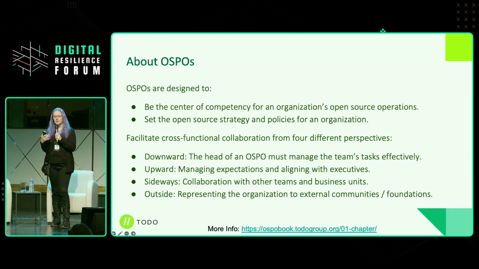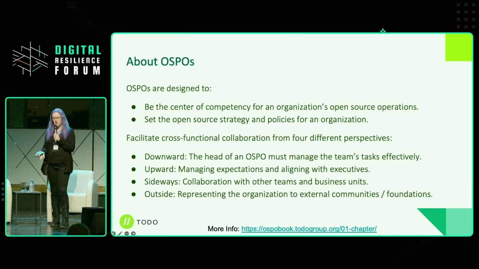If you're leading an open source program office, the OSPO really has to manage the team's tasks effectively. In some cases, that's a direct team. I've seen some OSPOs organized as a matrix, where they have, for example, legal people and security people who are dotted-lined into that. However it's structured, you need to make sure that the work that has to happen for the OSPO to function is being done effectively.